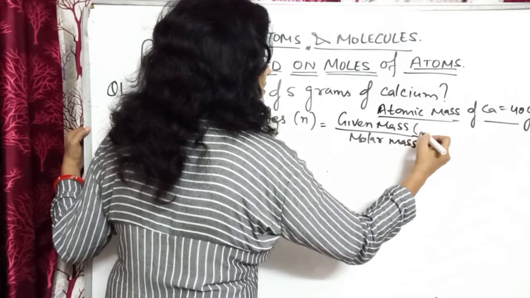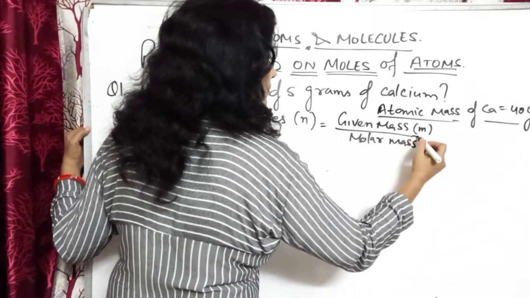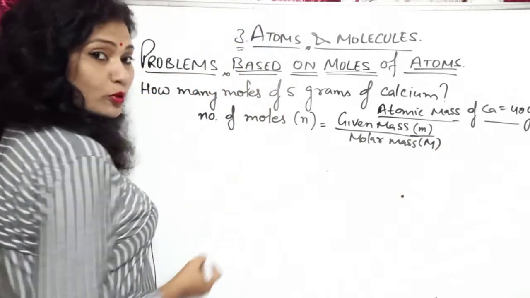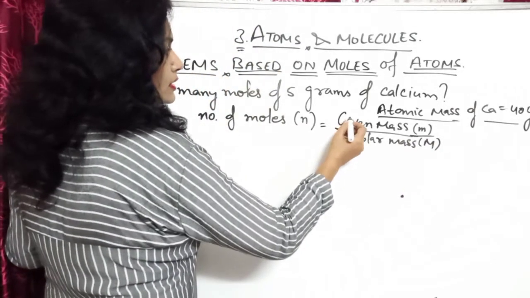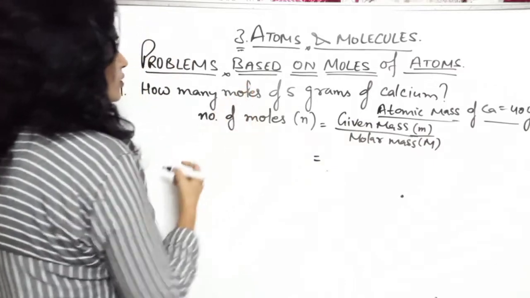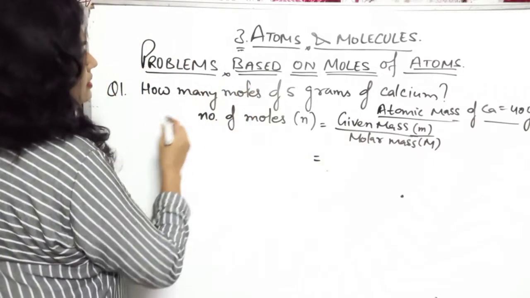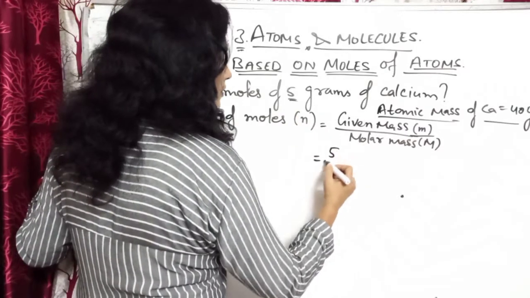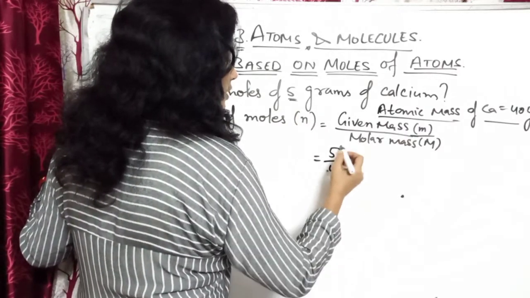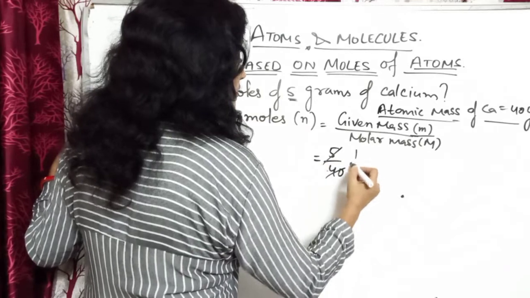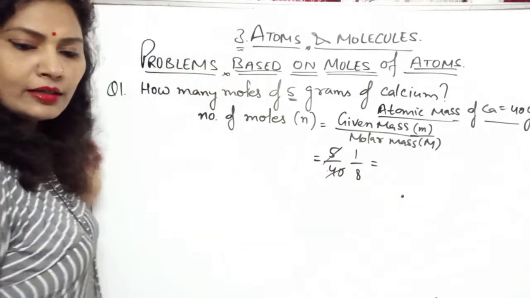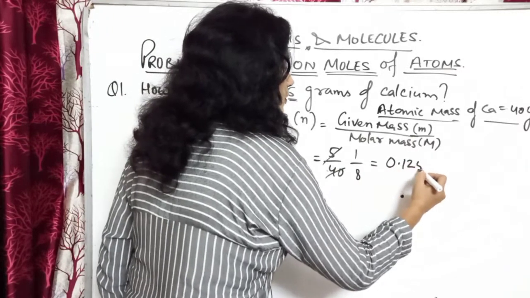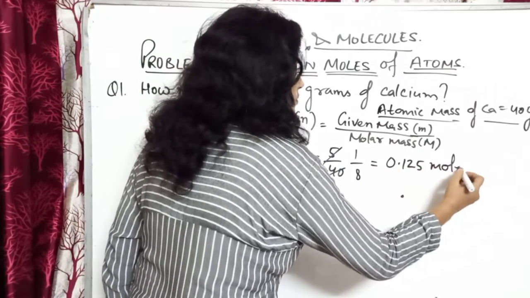Given mass is represented by small m and molar mass by capital M. The given mass is 5 gram and the molar mass is 40 gram. So write it 5 upon 40. Now divide it, you get 0.125 moles.